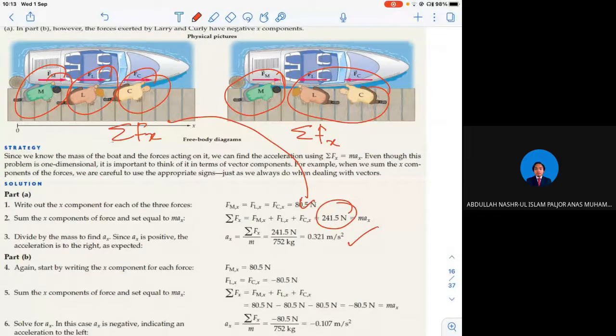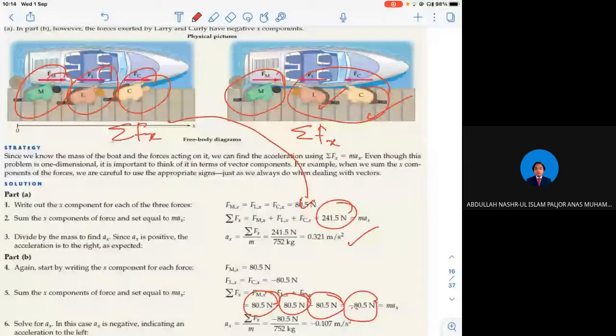Now, what happens when it encounters forces that are against the original one? Therefore, we should consider 80.5 as Mo, and negative 80.5, and another negative 80.5 as Larry and Curly. Therefore you will get negative 80.5.